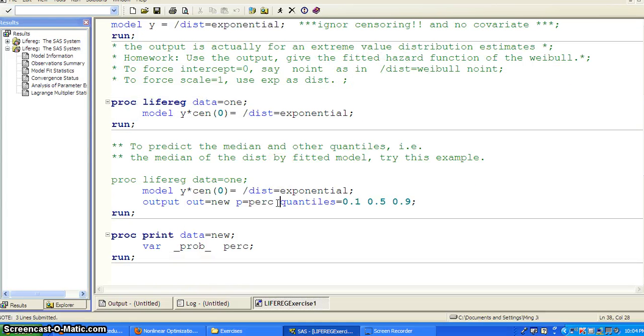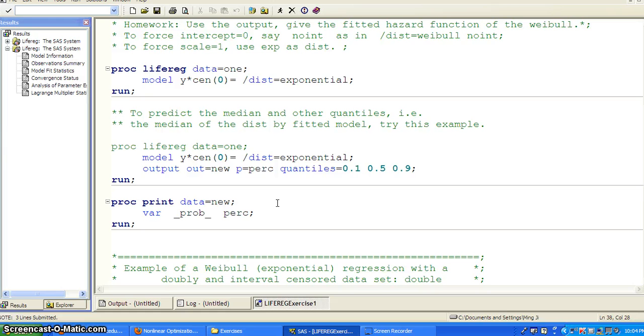And similarly, once we fitted this survival distribution, we can actually produce the median or any other quantiles you want from this fitted distribution.